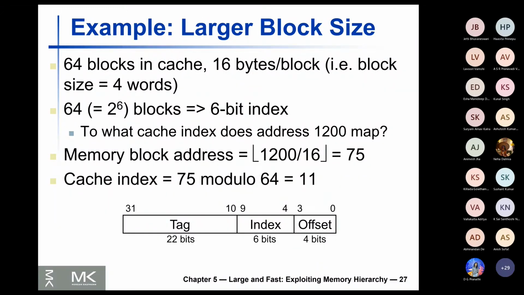Basically, the idea is that you start considering one block as one large word, and push as many bits as needed to the offset field. Then you can figure out from the index how many blocks you are supporting. 64 blocks being supported means 6 bits, and then the remaining bits are tags.